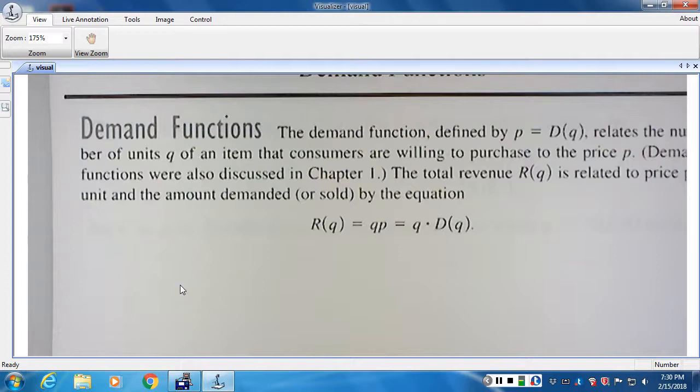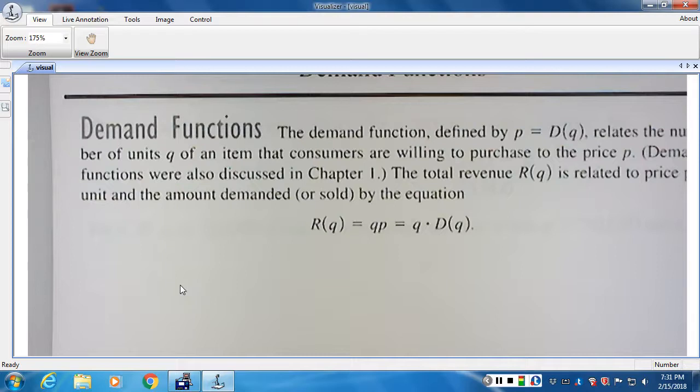We have a supply function, which is the function at which the manufacturer is willing to produce it for a certain price. But we also have a demand function, which talks about how many people are willing to buy at that price. And of course, as the price increases, the suppliers are willing to make more and more. But as the price increases, the consumers are willing to spend and buy less and less of it.